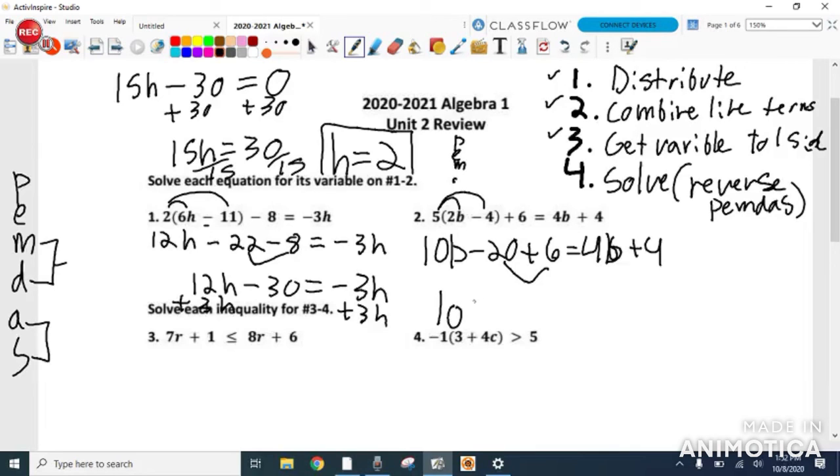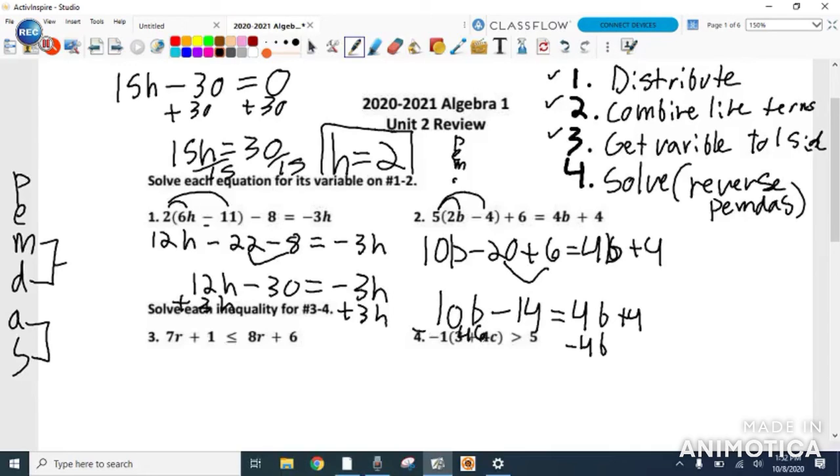So I can get 10b minus 14, since negative 20 plus 6 is going to give me negative 14, equals 4b plus 4. Now, I need to get my variable on one side by itself. My smaller is this 4b, so I'm going to subtract it from both sides.